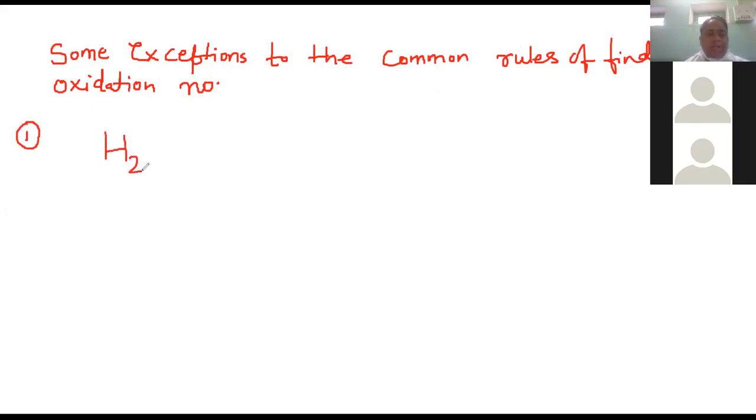Like water has oxygen with -2 oxidation state, but in case of H2O2, it will have -1 oxidation state.